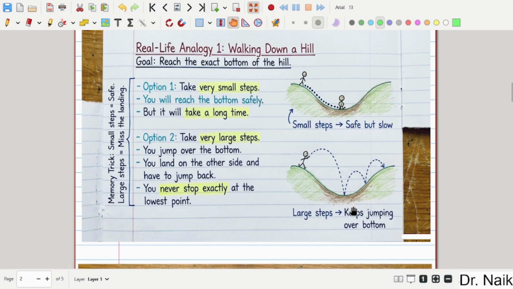You land on the other side and have to jump back again, so you never stop exactly at the lowest point. So small steps are safe but slow. Large steps keep jumping over the bottom.